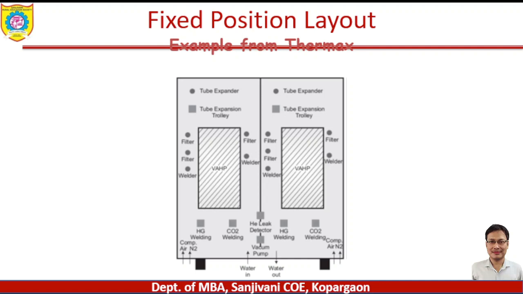Here, the product remains stationary. Equipment and materials are moved to and fro. This helps us in maintaining a high degree of customization and efficient utilization of space, given the difficulty of moving such huge products from one place to another.